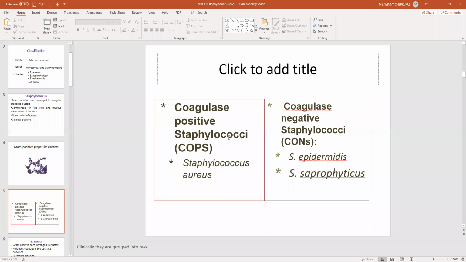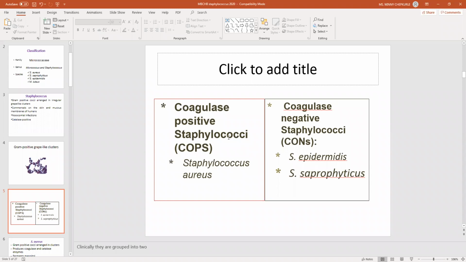So, like I said, we have different species of staphylococcus, and how then do we differentiate? There's one broad way of differentiating the staphylococcus species. We use the ability of the pathogen to produce the coagulase enzyme. Among the staphylococcus species, we have those that produce coagulase and those that do not. The three species I talked about are Staphylococcus aureus, epidermidis, and saprophyticus.